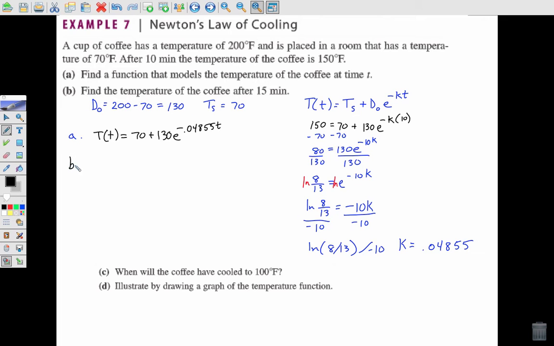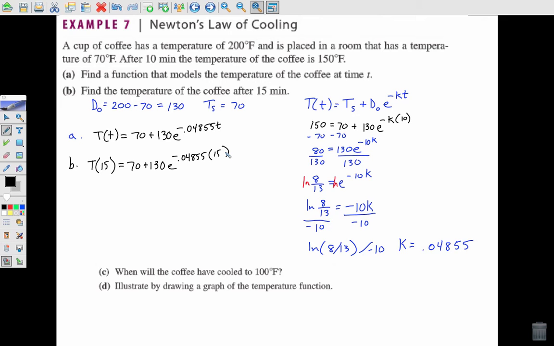Okay, all right, part B. Find the temperature of the coffee after 15 minutes. We can use our formula. Our formula is in terms of minutes, so I just put 15 in for t. Type this whole thing on your calculator.